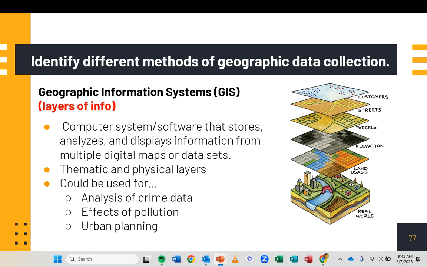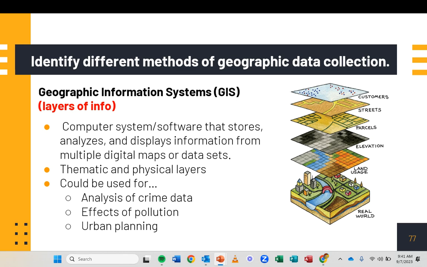If you are going to open up a McDonald's, then you want to know what is the income of everybody, what is the traffic, and how many other McDonald's are in the area. You would use GIS to determine all of that. So I like to think of GIS, Geographical Information Systems, as layers.